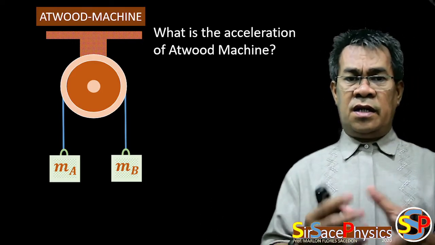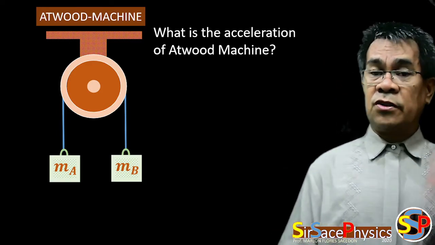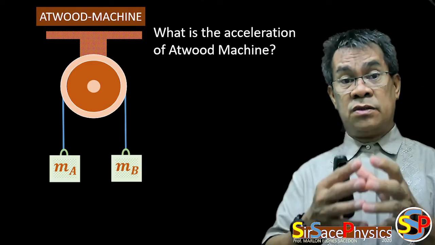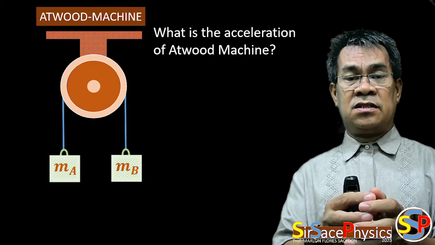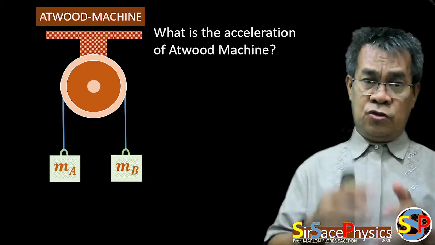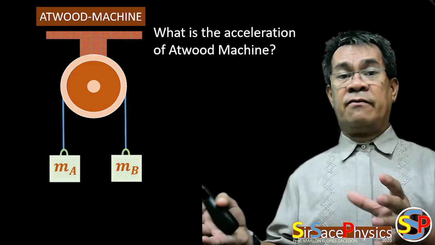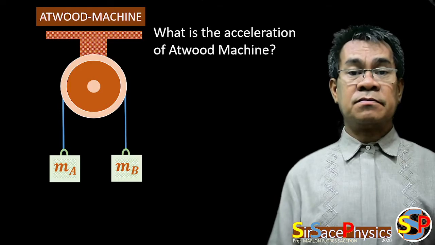So, in other words, for every problem you encounter in the application of Newton's law, the acceleration is the center point of the physical quantities that should be determined. We should know the acceleration so that we can apply the formulas for the uniformly accelerated body.